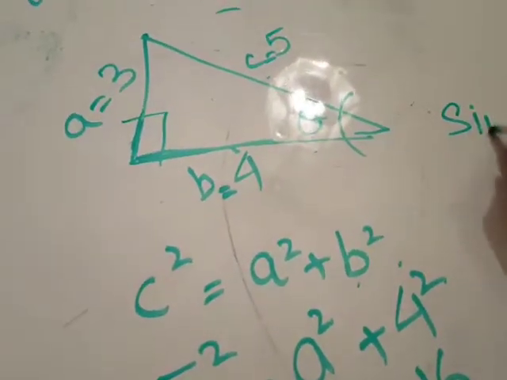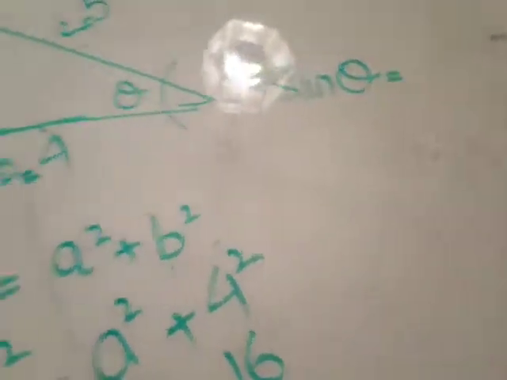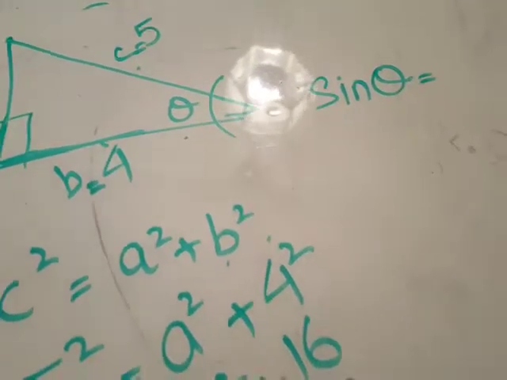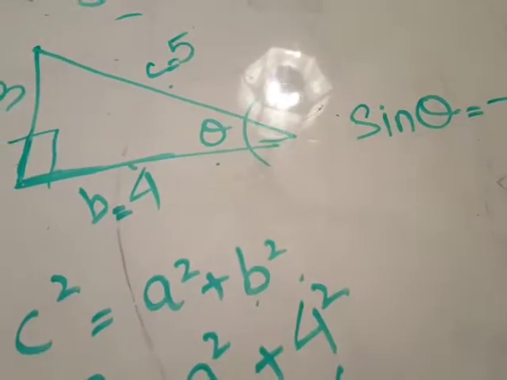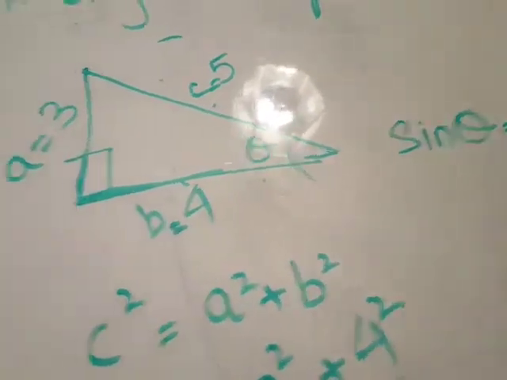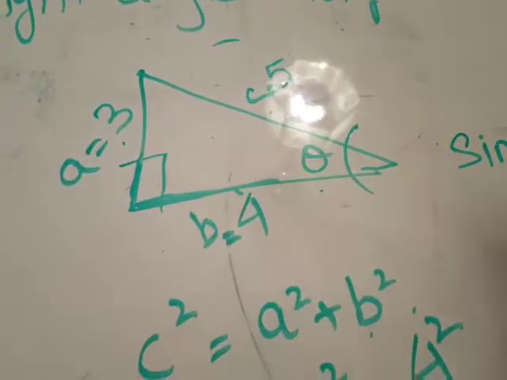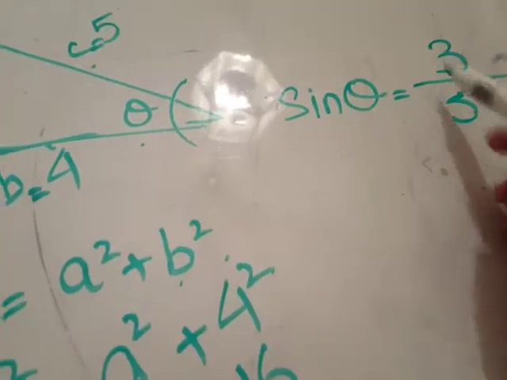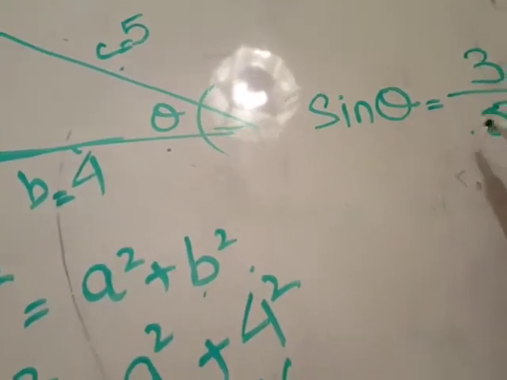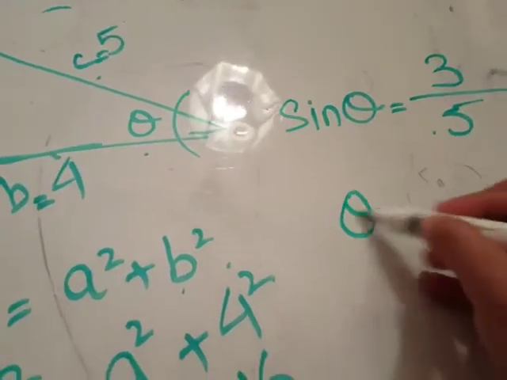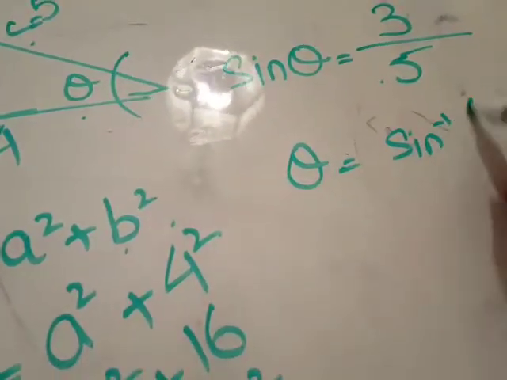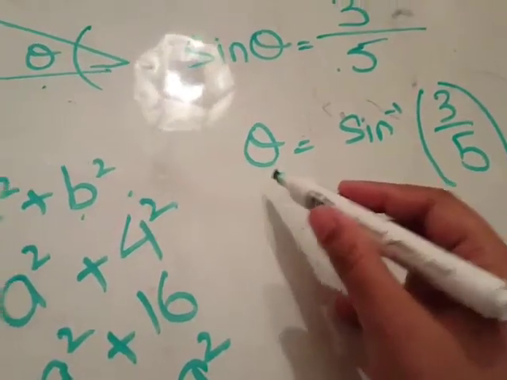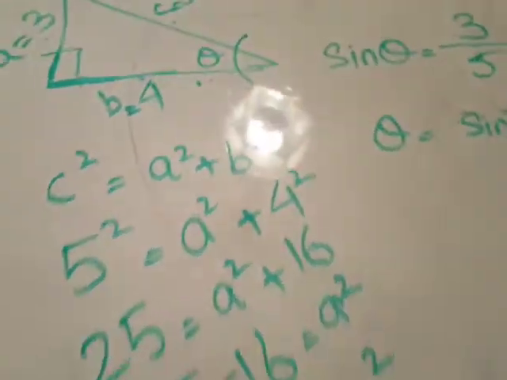For example, if you want to use sine theta, it is opposite over hypotenuse, so sine theta equals 3 over 5. You have both things, so theta equals sine inverse of 3 over 5. So now the unknown theta, you can just write it over here.